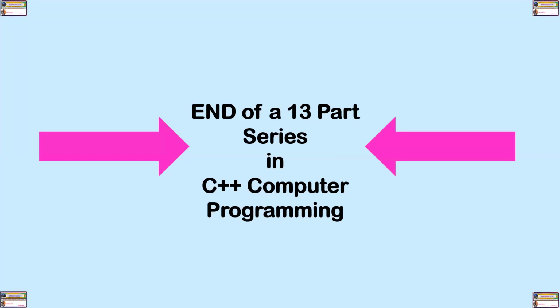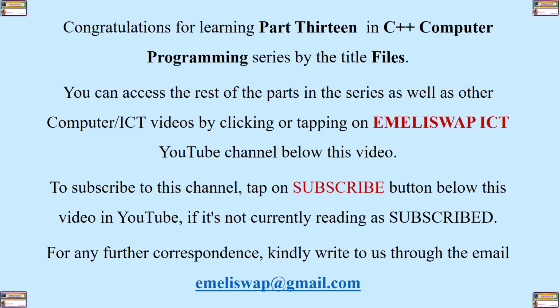Once you're done with this 13-part series, I would also advise that you go through the 95-part series of tutorials in object-oriented programming using C++ so that you can then know how you can advance from this level to the next level in C++ computer programming.